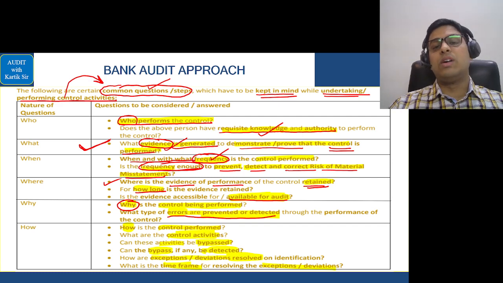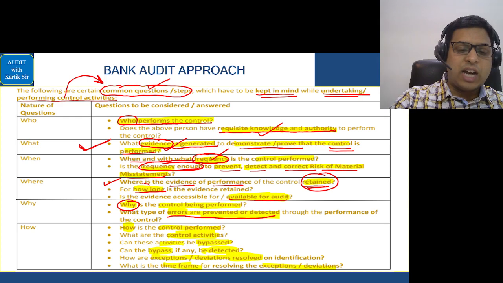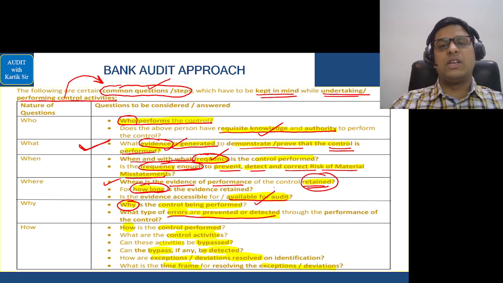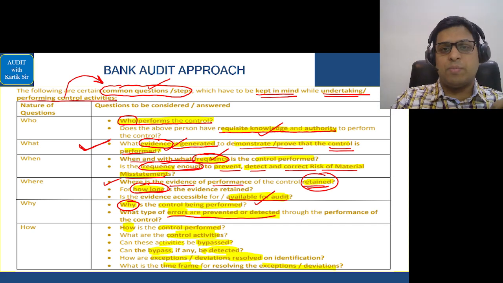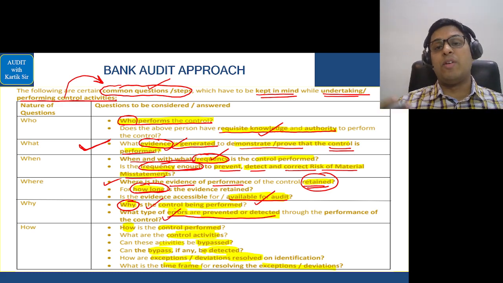After that, that person goes and first makes a file. Then he writes on the file, he has to maintain it for, let's say, 8 years, and then he puts a message to the auditor that it is available for auditing purposes. Then the colleague asks the bank person why do you meditate, so you understand why the control is being performed, what type of errors are prevented or detected.